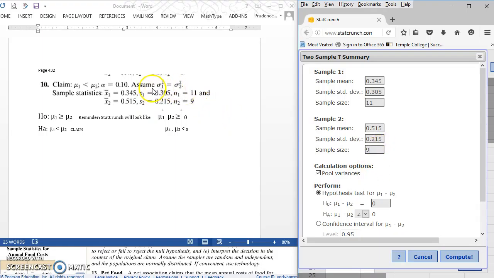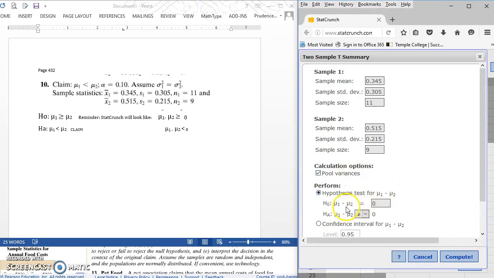Now, since we are to assume that the variances are equal, you must check. I'm unchecking it so you can see that if it's blank, if they're equal, if the variance from sample 1 is equal to the variance of sample 2, then you must check pool variance. So that will be pooled for this problem.